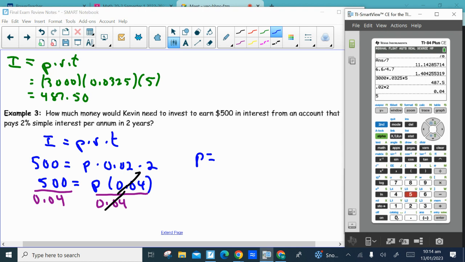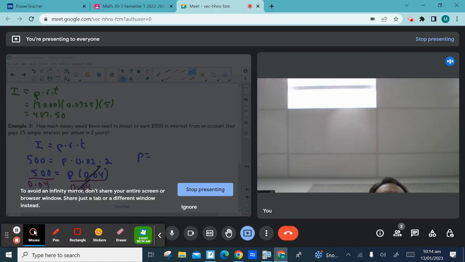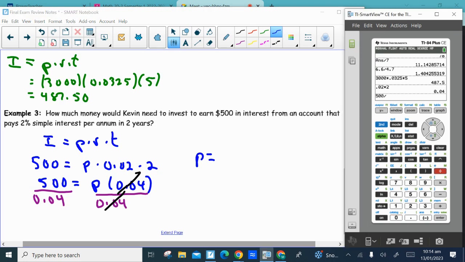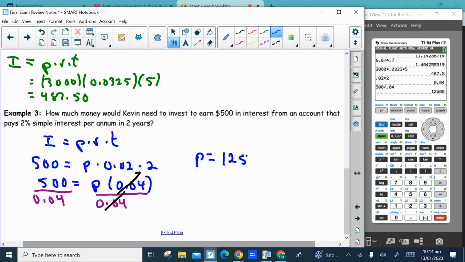And on the left side, we need to divide 500 by 0.04. So $12,500 is how much he would have to invest if he wants to earn $500 interest in 2 years from that account. Right, so we did both types of questions, where you are trying to find the interest and where you're given the interest and you want to find either the principal, rate or time.